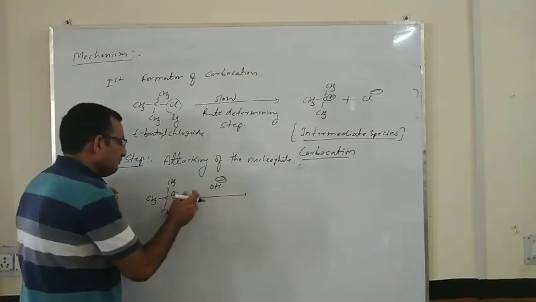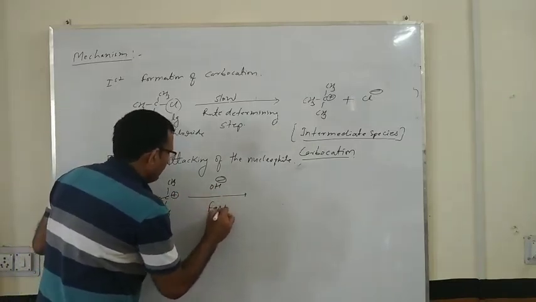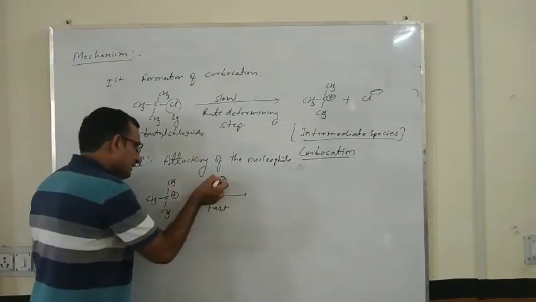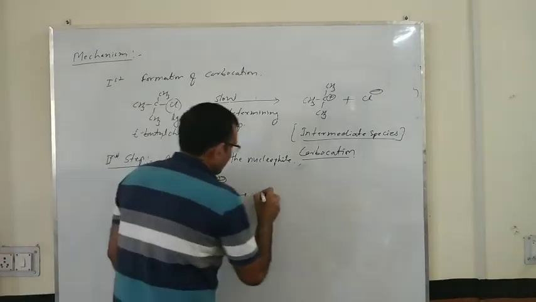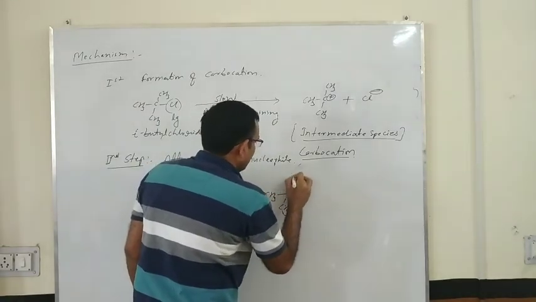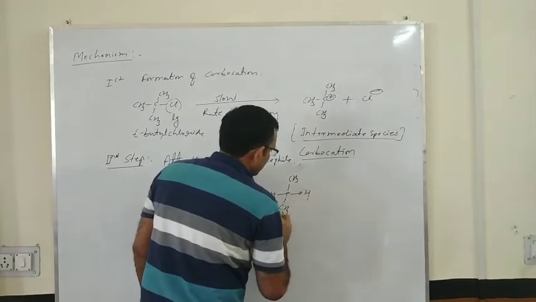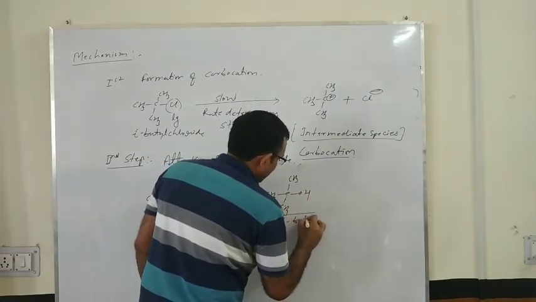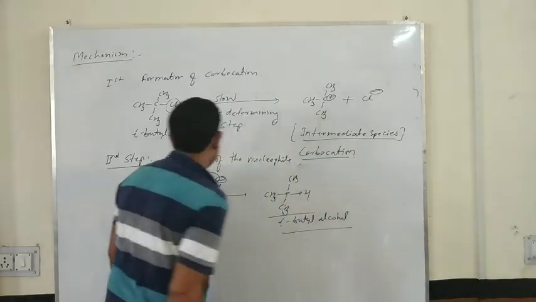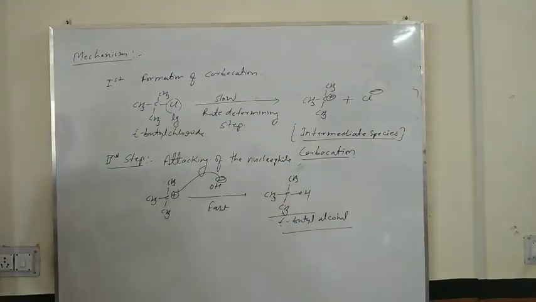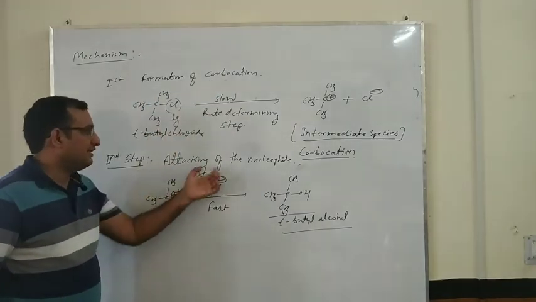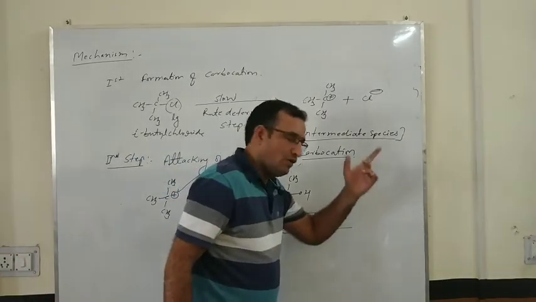Then this reaction is a fast reaction because positive and negative charges attract each other. So the nucleophile easily attaches to the carbon. So this is a very fast process, and tertiary butyl alcohol is formed. Tertiary butyl alcohol is the product in SN1 reaction. So it is a two-step mechanism. First step is formation of carbocation. Second step is attack of the nucleophile and the product is formed.